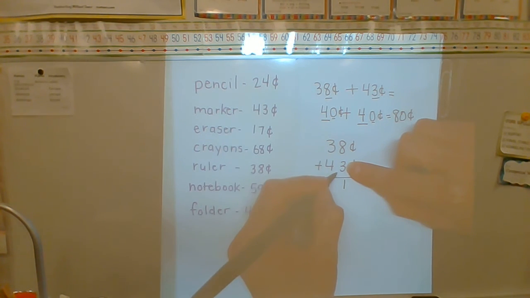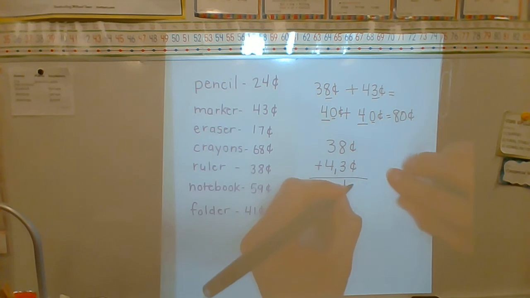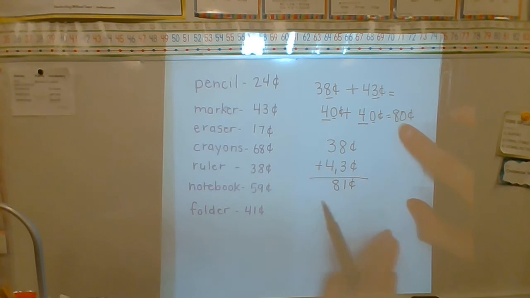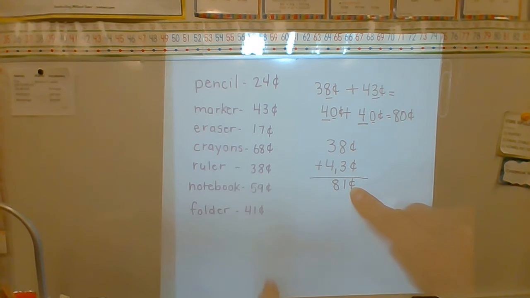Yeah, take one down and the dime goes next door. 3 plus 4 is 7. 7 plus 1. Ooh. So our estimate is 80 and actual is 81. That is very close. But did we have enough to buy those two things? No, we only had 75 cents, so we could not get those two things.